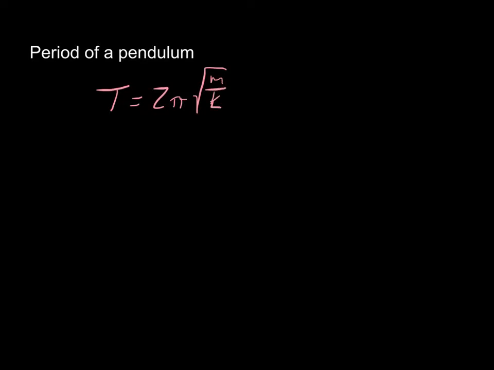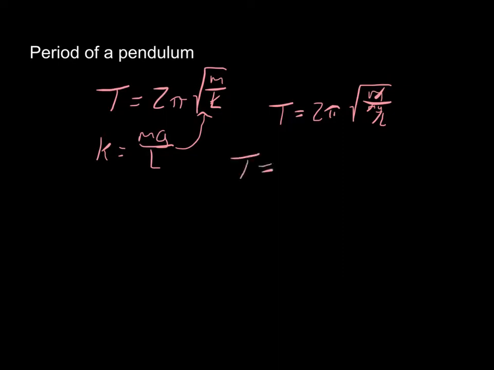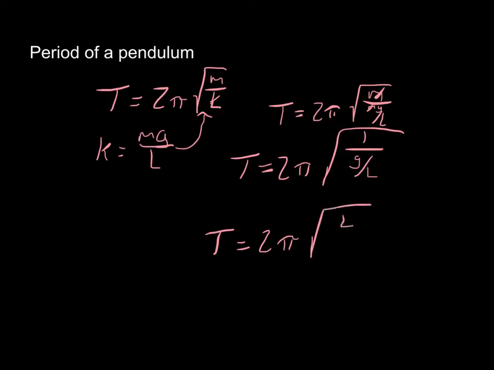And remember from our last derivation that we came up with the fact that for a pendulum, k was essentially mg over L. So let's go ahead and replace that in our equation and say that for a pendulum, T equals 2 pi square root m over mg over L. Our masses are going to cancel, and so we're left with T equals 2 pi square root 1 over g over L. And then we could make that a little bit neater by saying 2 pi square root L over g. And that's going to be the period of our pendulum.